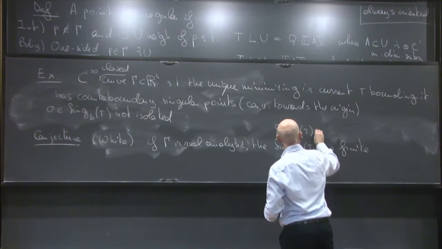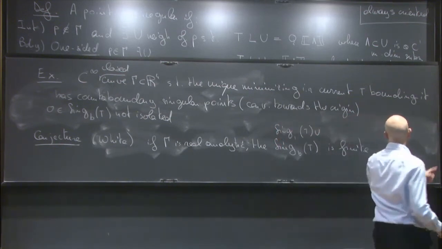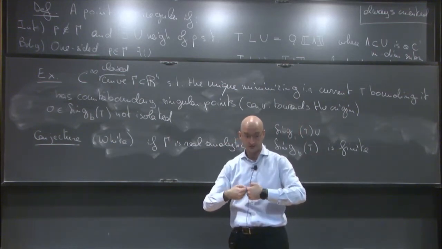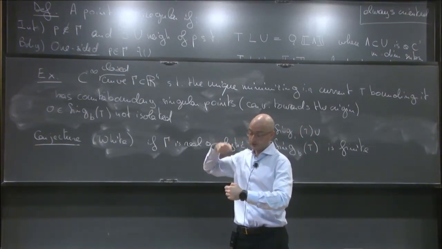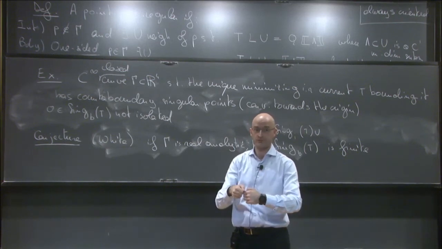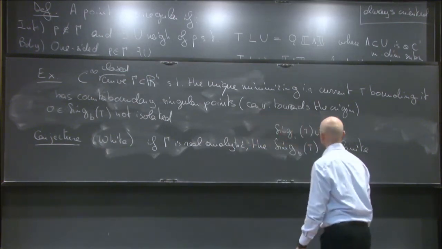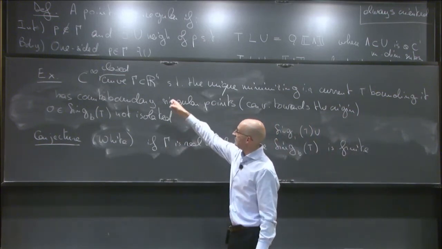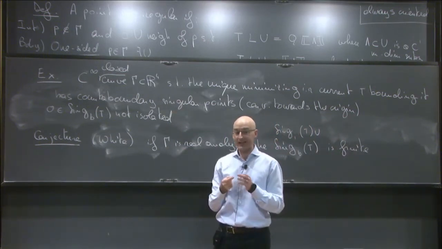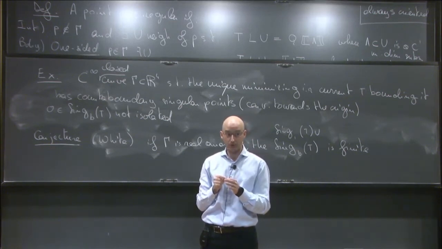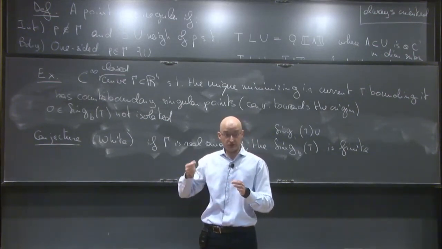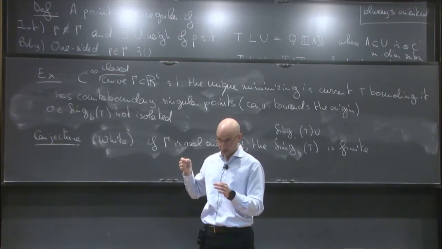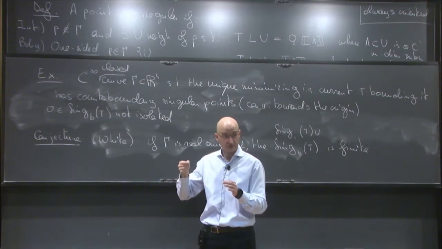Because one thing that Chang is not excluding, and one thing that we cannot exclude either because we can modify the example so that it is not correct, is that there is a sequence of interior singular points which are clustering towards the boundary. So what happens when gamma is real analytic? Well, in the case of a C infinity curve, we actually get a boundary branch point, which is 0, which is the cluster point of a sequence of singular points at the boundary.